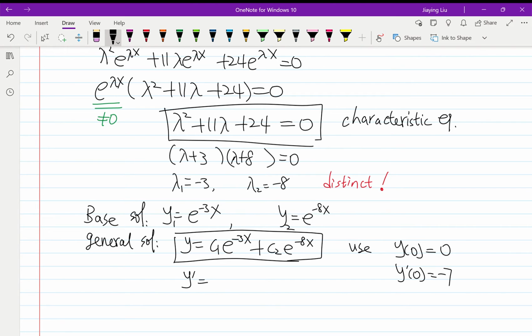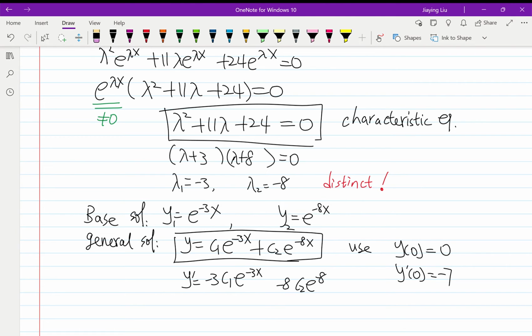Y prime equals, again using chain rule, C1 e to the negative 3x, but then there will be a negative 3 coming from the exponent, and then plus C2 e to the negative 8x times negative 8.